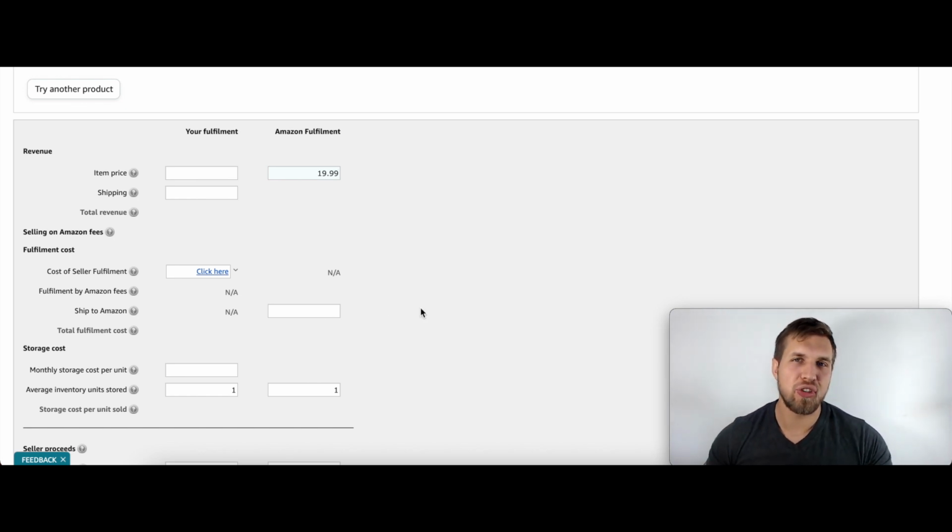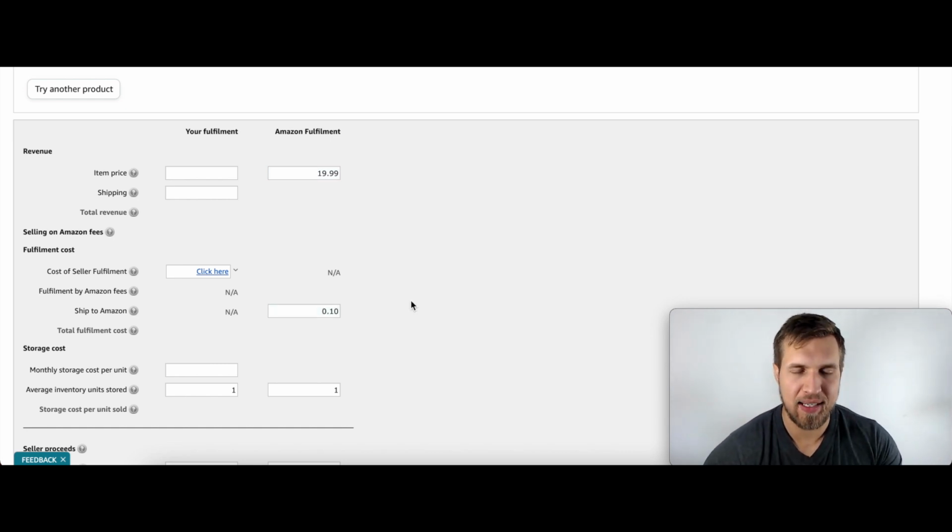So for example, if UPS is charging you, let's say £30 for sending 300 yoga mats, then you have to basically divide 30 by 300 to find out what the actual shipping price per product is to the Amazon FBA warehouse, which in this case would be around 10 pence. Okay, so let's just put 10 pence here.